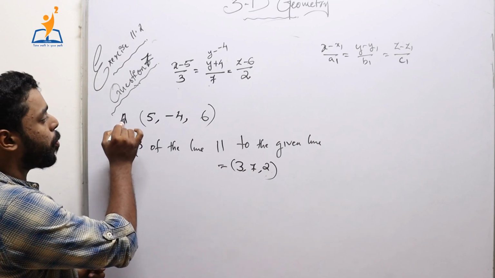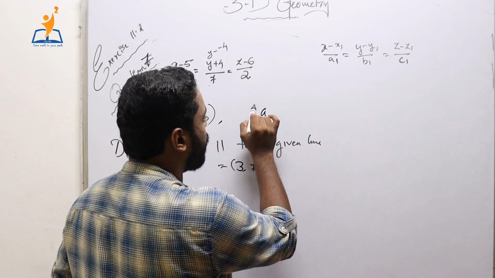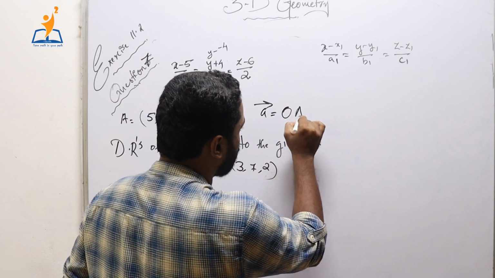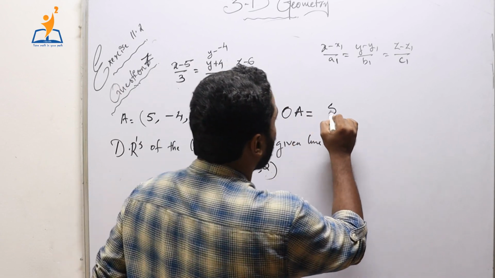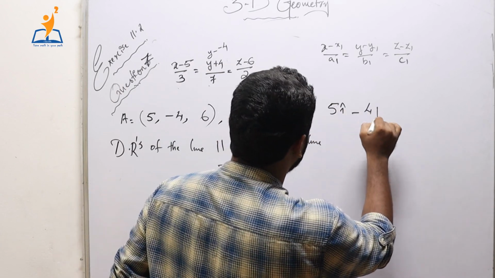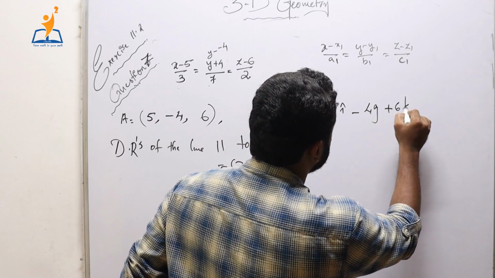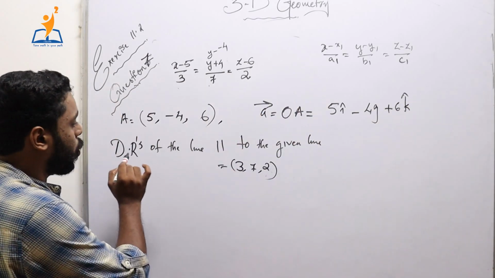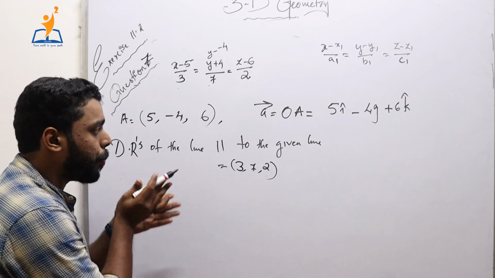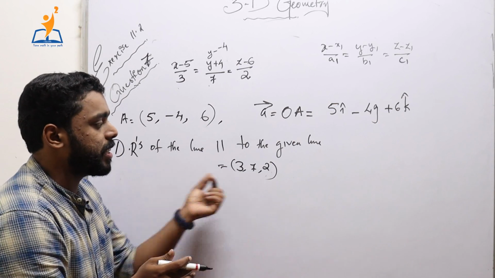Now if this is the point A, we can derive vector A as the position vector of the point A, which is equal to 5i cap minus 4j cap plus 6k cap, isn't it? Now direction ratios of the line parallel to the given line is given by 3, 7, 2.